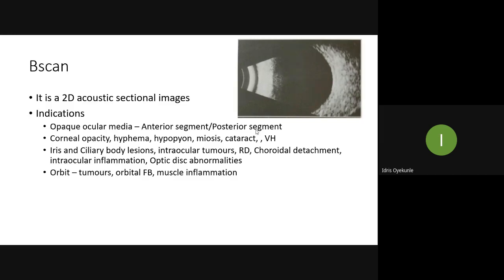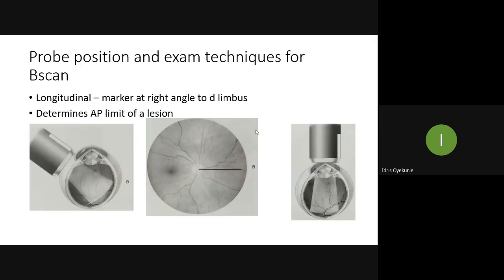In the presence of cataracts, vitreous hemorrhage. Other indications would include iris and ciliary body lesions, trabecular tumors, retinal detachments, and choroidal detachments, and the likes, including orbital tumors, orbital foreign bodies, and muscle inflammation as well.